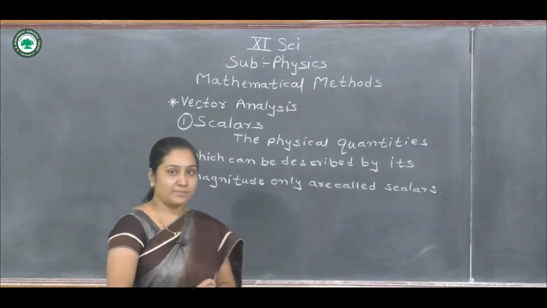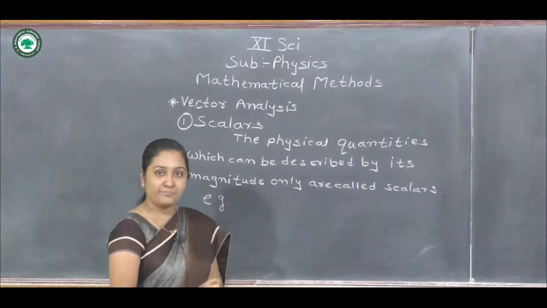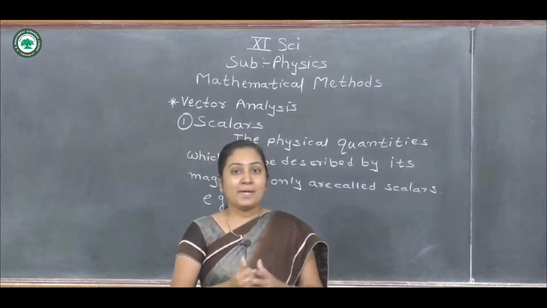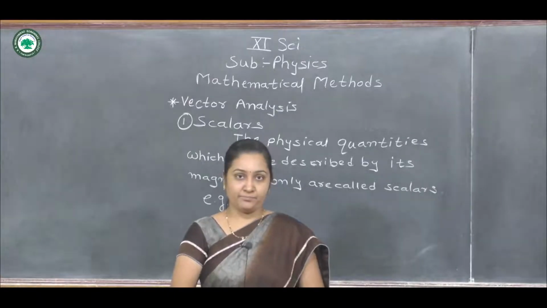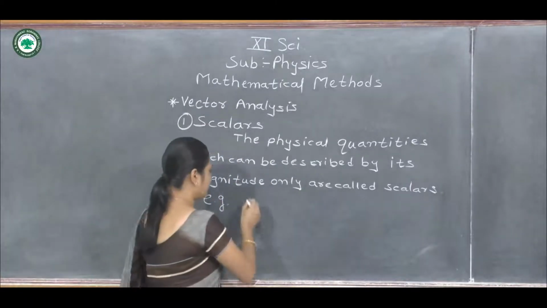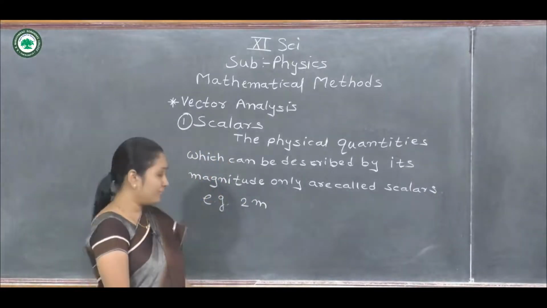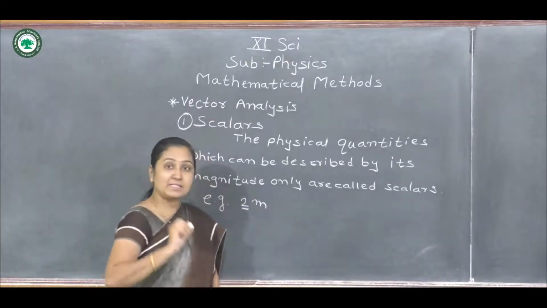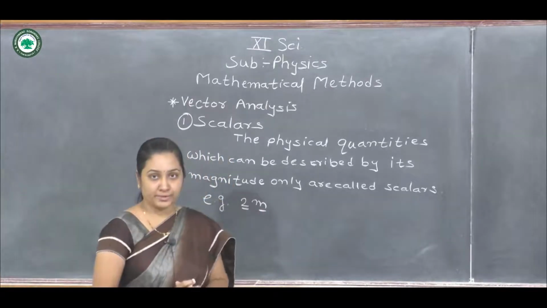Now an example of this: suppose we have to measure the length of any object. We measure the length of the object by using a scale. Suppose the length of the object is 2 meter. In this 2 meter, 2 is a number and meter is its unit.